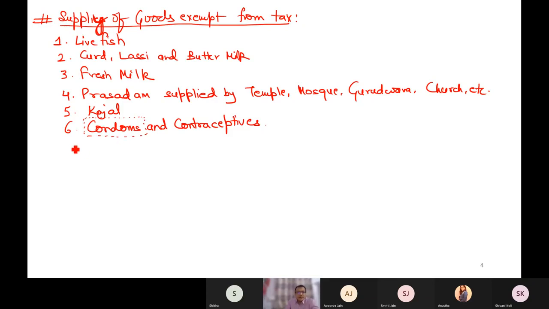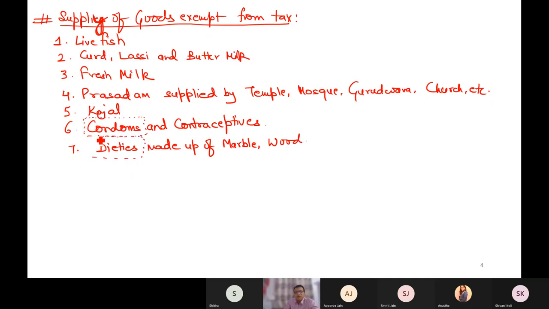Then these idols that is made of marble, to keep religious feelings alive, government excluded this from GST. Wood. Okay, so this was the purpose of keeping.